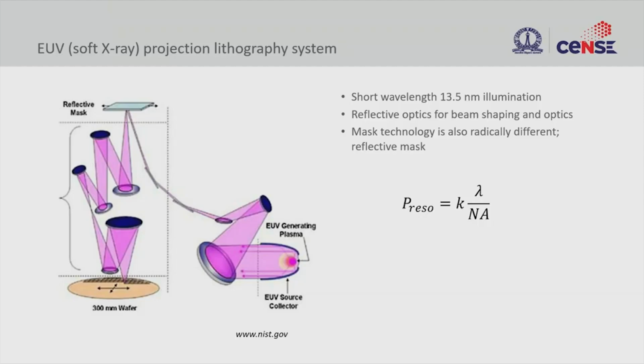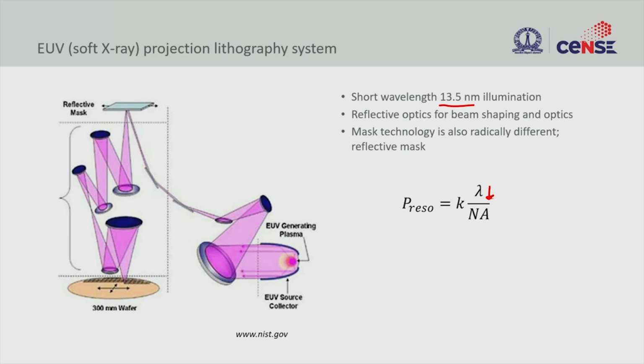The continuation to optical lithography in terms of resolution is extreme UV lithography. This extreme UV lithography is being considered as the next step towards addressing the resolution needs by reducing the wavelength. Here we are looking at a 13.5 nanometer illumination wavelength.